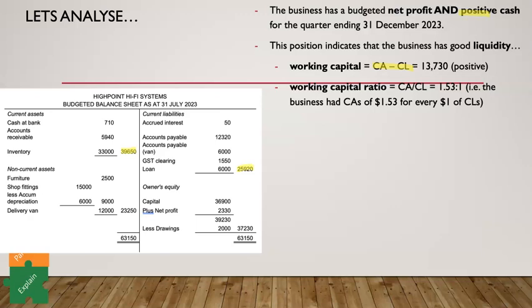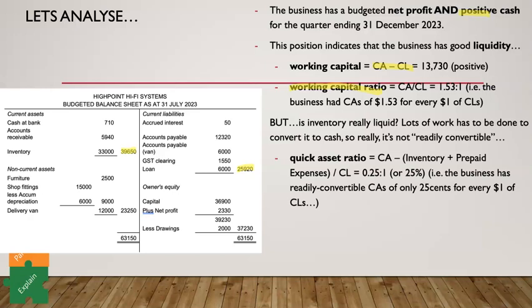And we can use an analysis that we'll learn later, working capital ratio, to say that actually we have $1.53 of current assets to every $1 of current liabilities. So surely we can use these assets to pay off our debts. But is it actually a good news story? Can we sell our inventory really quickly when our debts come due?